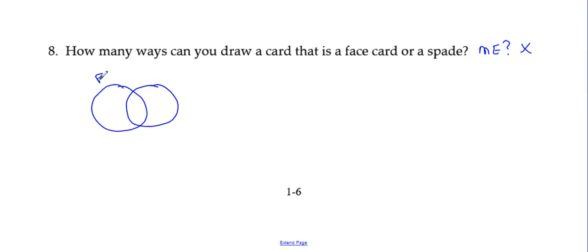We have face cards and we have spades. So your M is equal to 12 because there are 12 face cards. Your N is equal to 13 because there are 13 spades. But there are 3 cards that are both face cards and spades.